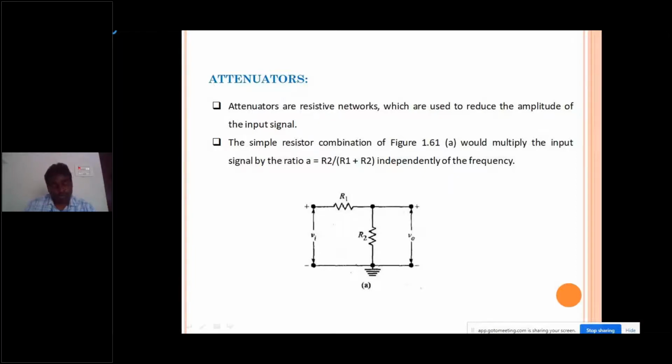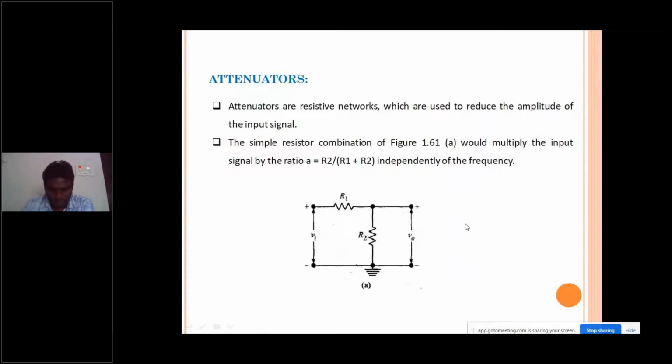If you observe the output shapes for all the inputs, they are not the same as the input. Means the output shape is altered when compared to the input. That is why it is called linear wave shaping.